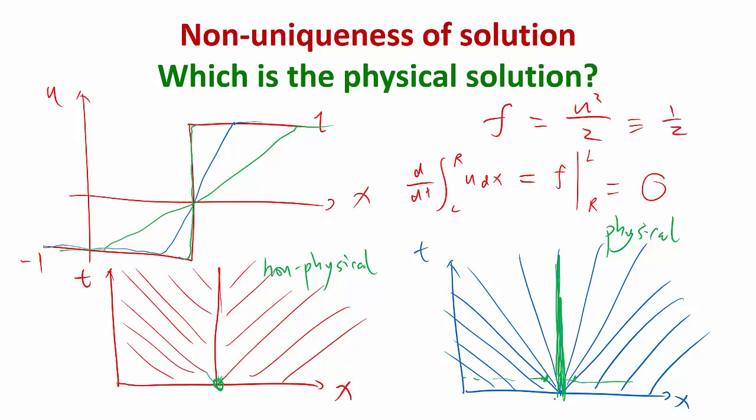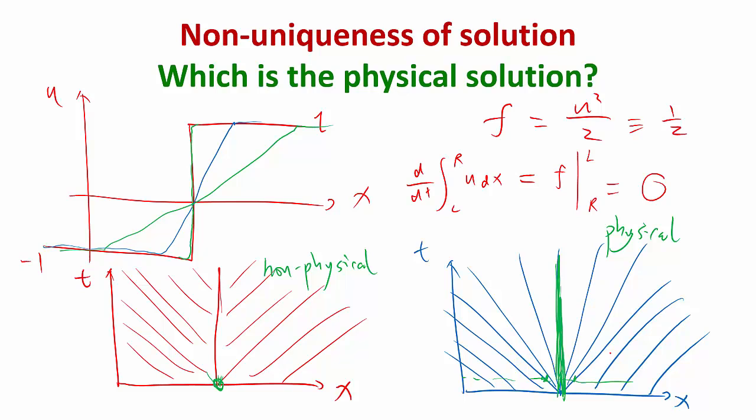And for Burgers equation, df du is equal to u. So the slope is df du. And what's special about the slope if I draw a vertical line? Infinite, which corresponds to df du equal to 0.